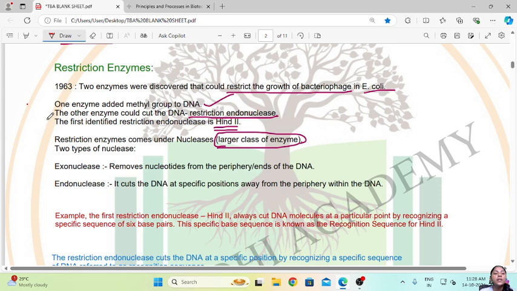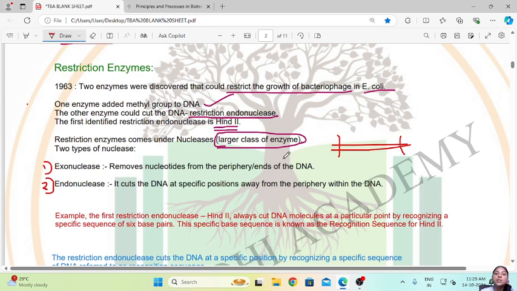Now there are two types of nucleases. First one is exonuclease and second one is the endonucleases. So what does exonuclease do? It removes the nucleotides from the periphery or the ends of DNA. Suppose this is a DNA strand, the exonuclease will cut the peripheral part.